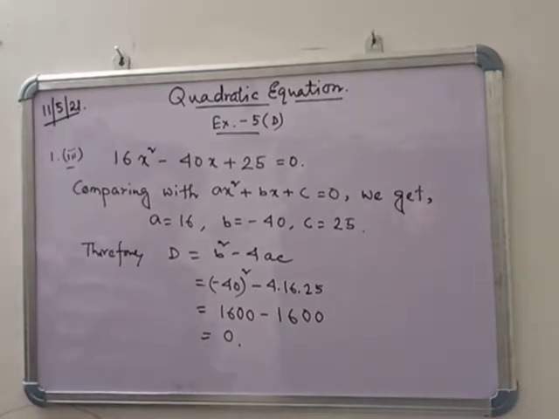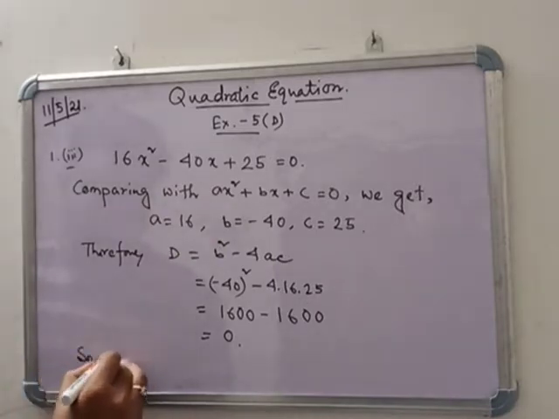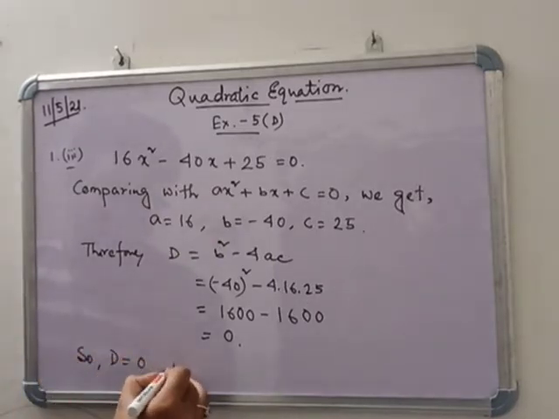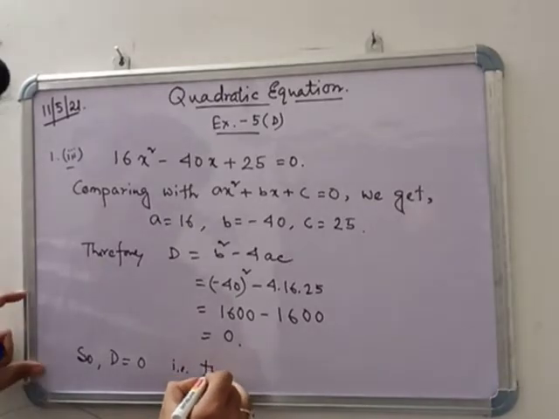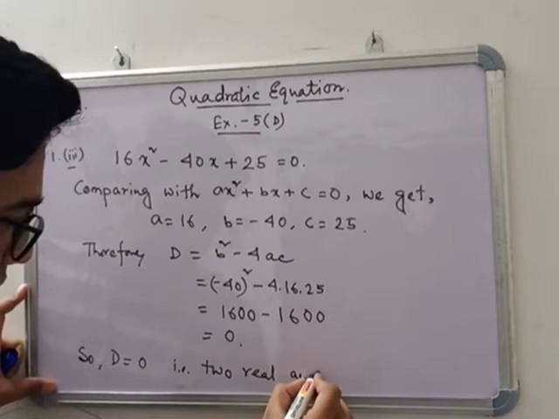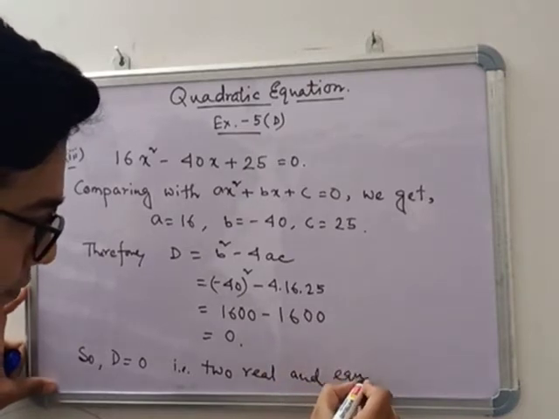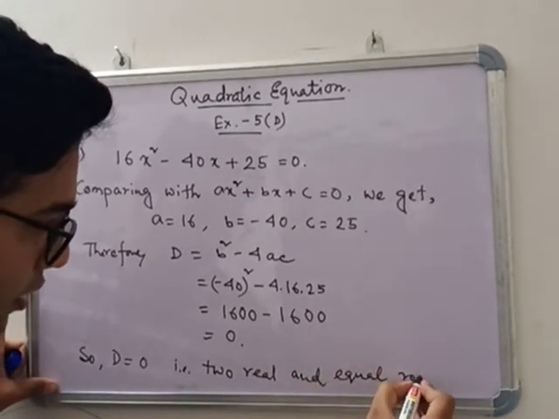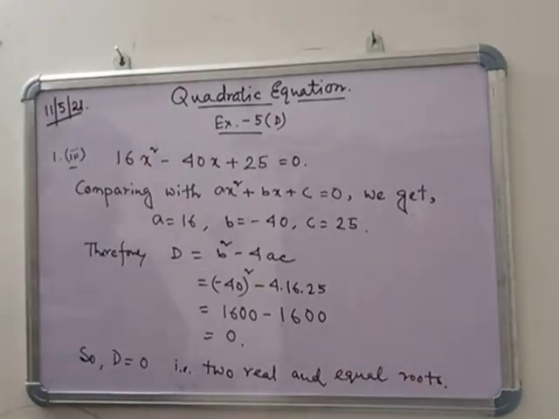So D equals 0, that means two equal and real roots. So this is the nature of the roots of this equation. Okay, now next one.